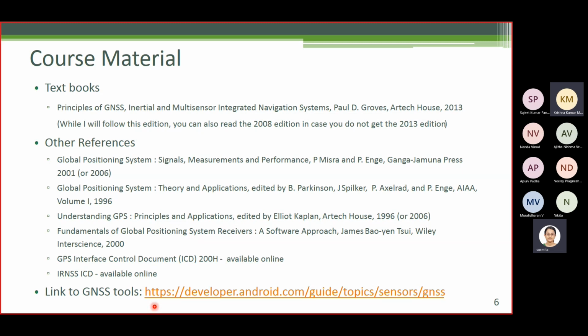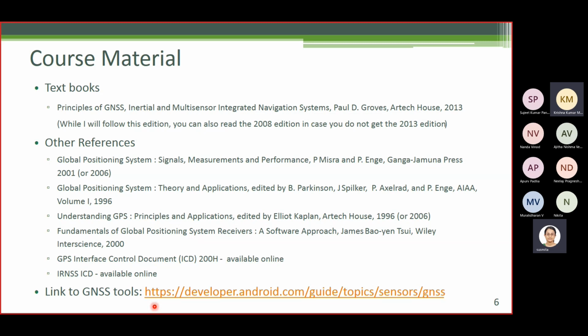Now, not all phones will allow logging raw GNSS measurements. Phones which were manufactured from 2016 onwards can log raw GNSS measurements. So you need to find the hardware year of the phone. Either you can get that information from the shop where you purchased it, or you can go to that website.